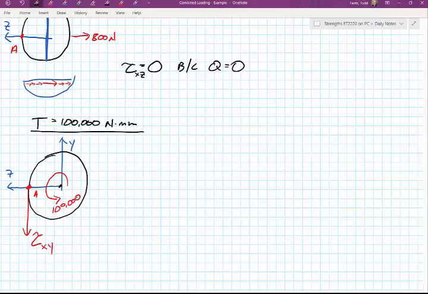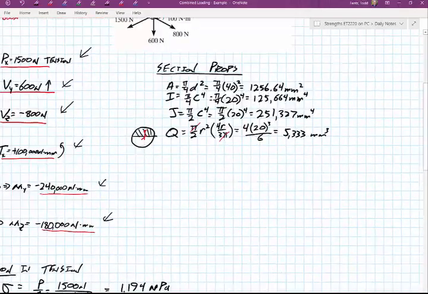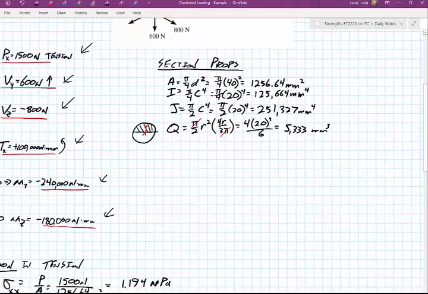So we have an equation, tau xy is equal to Tc over J, the torque being 100,000 Newton millimeters, C value being the radius of 20 millimeters, and J, I think I did J as one of my section properties up here. What is J? 251,327.